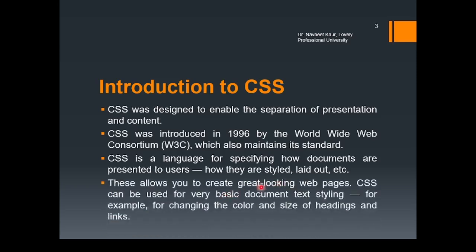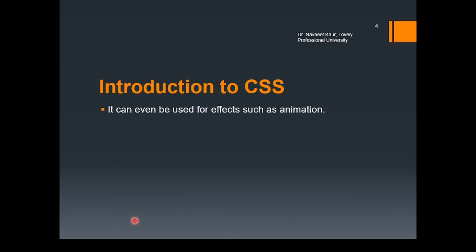This allows you to create great looking web pages, and it can be used for basic document styling, for example, for changing the color and size of headings and links and many more elements, as we have already discussed. And further, it can also be used for effects such as animation.